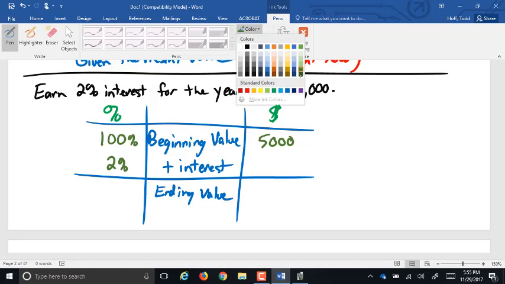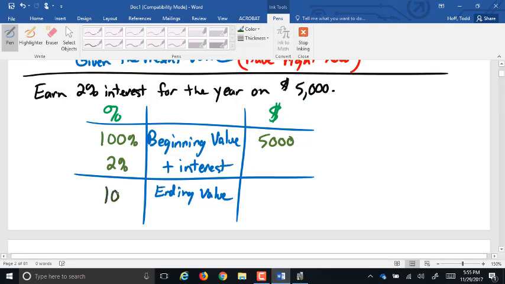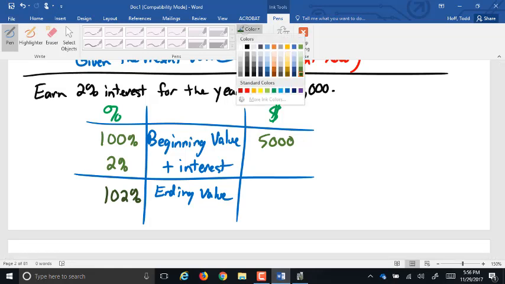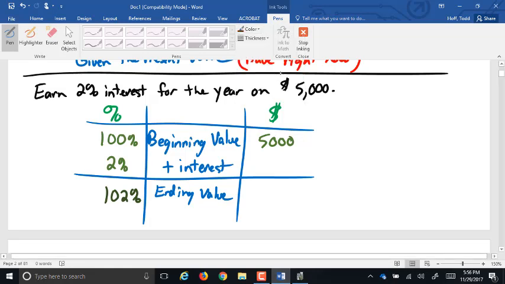Which makes the ending value 100 plus 2 or 102%. So if I want to find this ending value, I don't have to find 2% added on. All I have to do is find 102%.